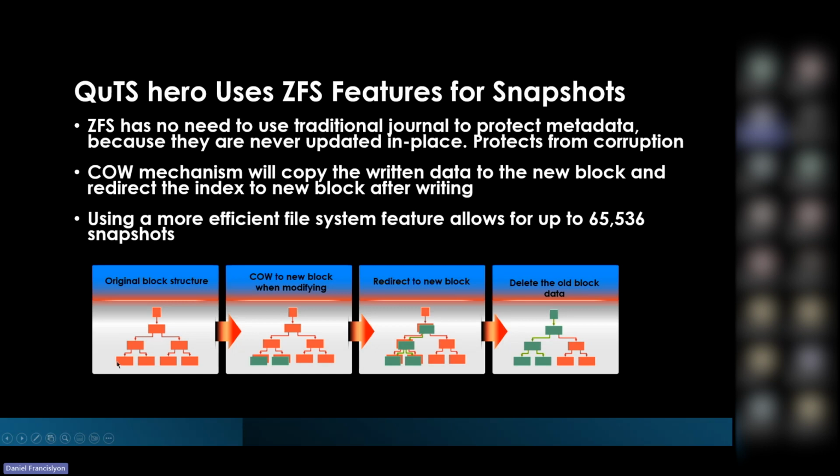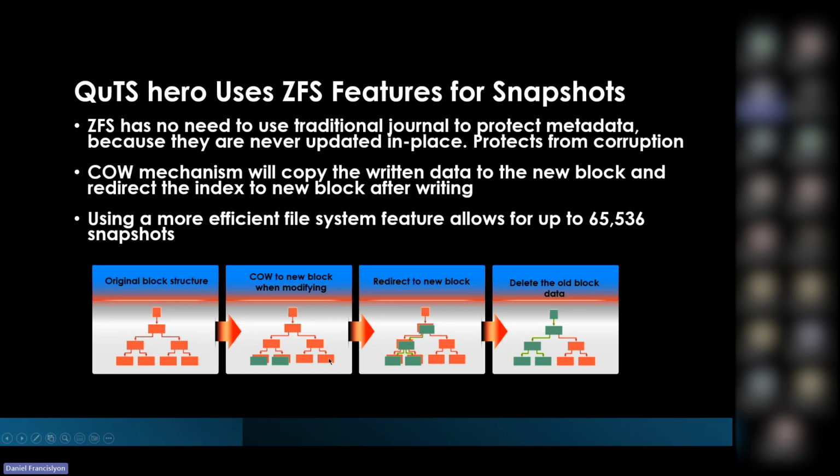Move the pointers here, you open the file in its previous state. Move the pointers to the new blocks, you open the file in its new state. So what I just explained is very similar to how snapshots work, but with our ZFS systems, we're using a file system feature that can do this much more efficiently to allow for more than 65,000 snapshots.